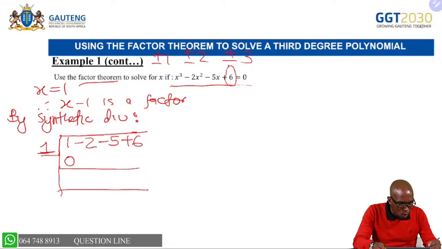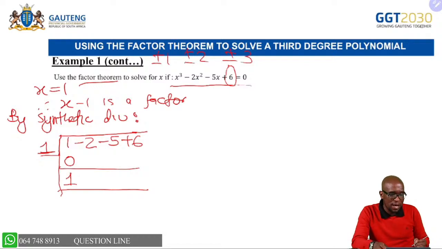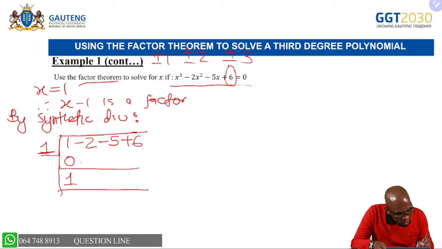So you add 1 plus 0, you get 1. 1 multiplied by the 1 at the top there, you get positive 1. And then you add again minus 2 plus 1. This gives me minus 1. Minus 1 times the 1 at the top there, or times the factor, I will get minus 1.